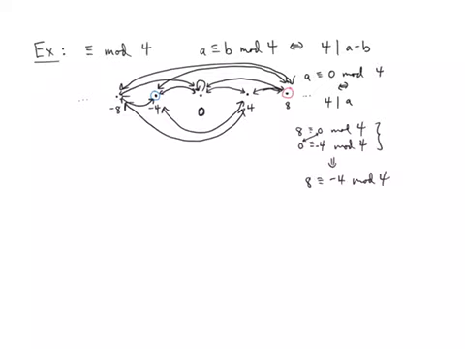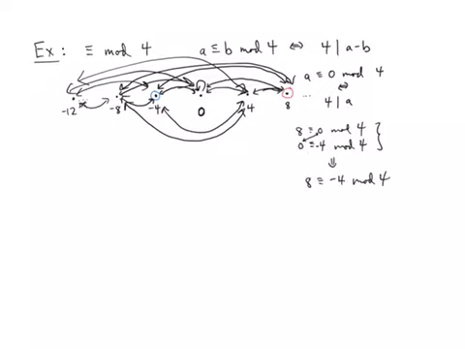So negative 12 out here is also connected to negative 8 and to negative 4 and to 0 and to 4 and to 8. And so very quickly this diagram gets way busier than it's worth.